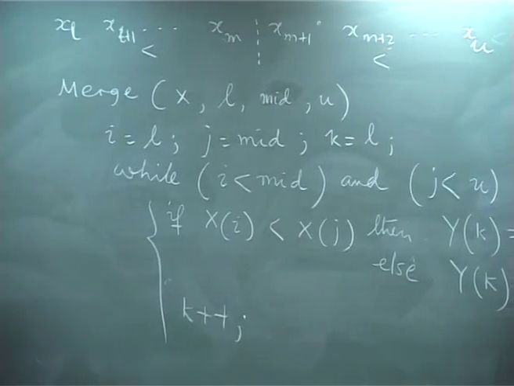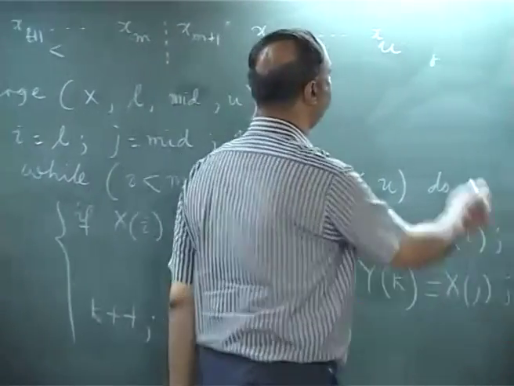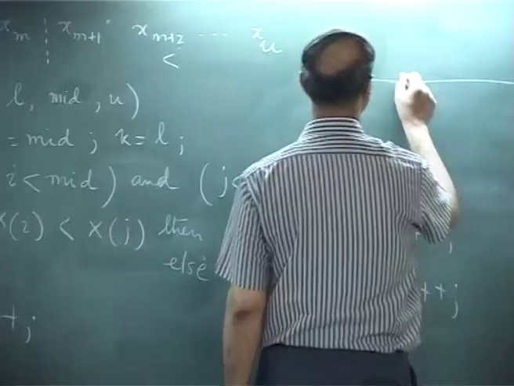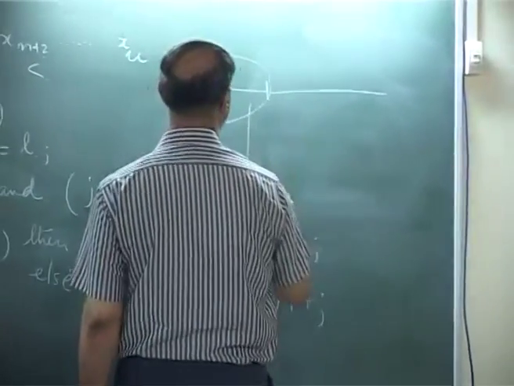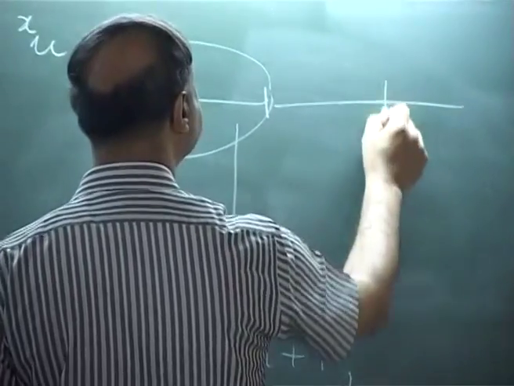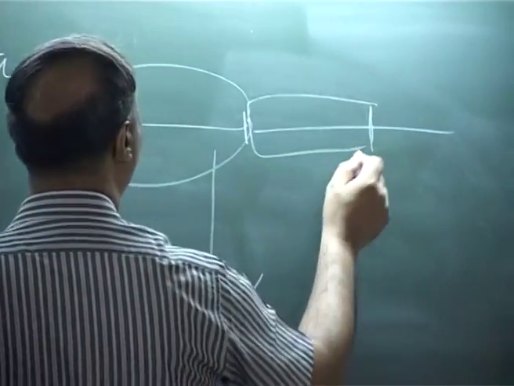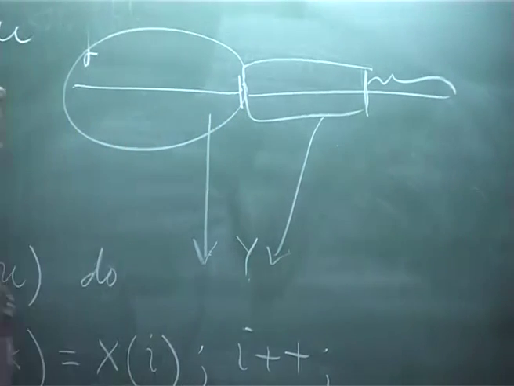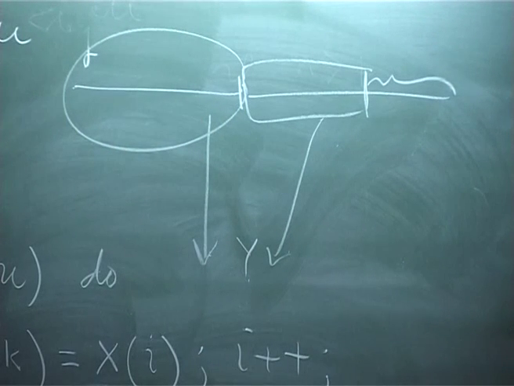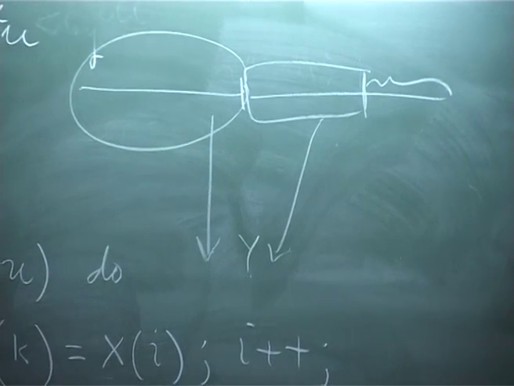Now, in that process, it may so happen that one subsequence is already entered into the y sequence and some part of the other sequence has entered the y sequence. The remaining part is yet to be shifted to y, so that has to be taken into account.